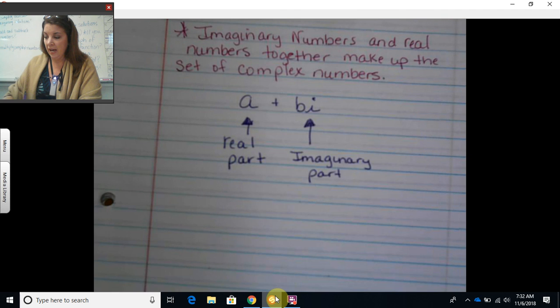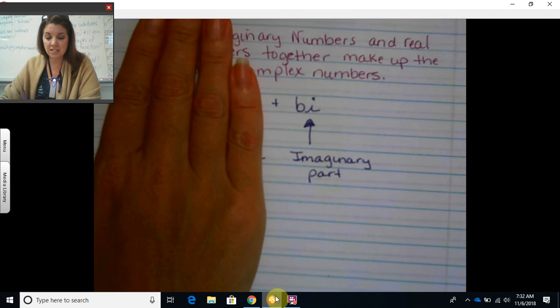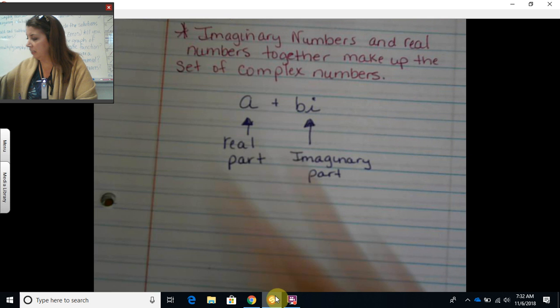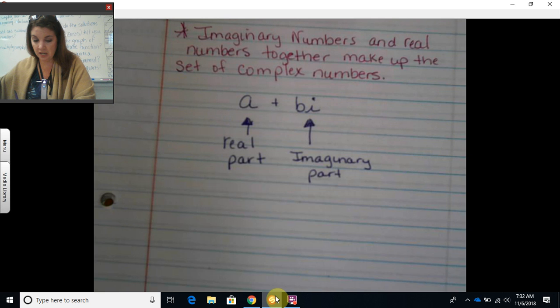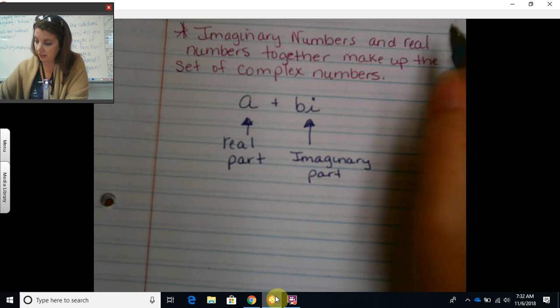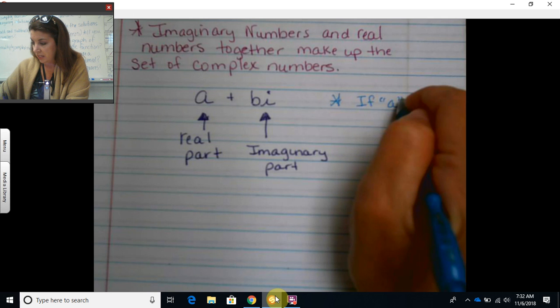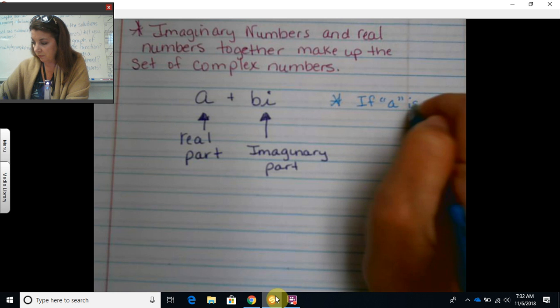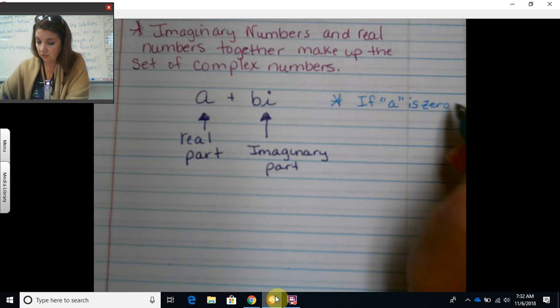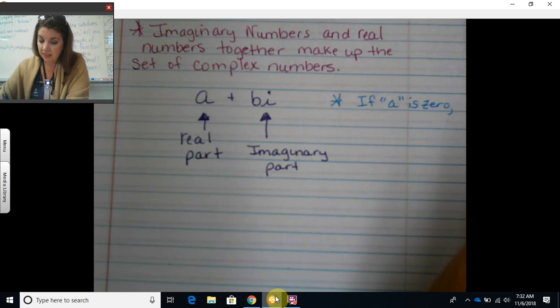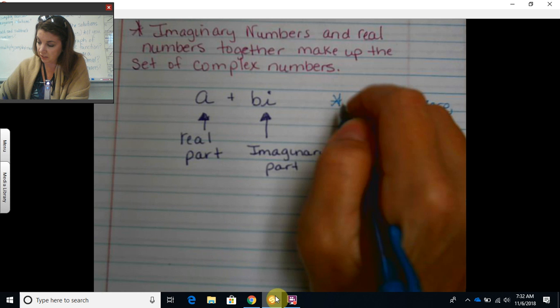If you only have an imaginary part, there's no real part there, then that's called a pure imaginary number, okay? We'll see that sometimes. So let's write that down. If a is 0, then you have a pure imaginary number.